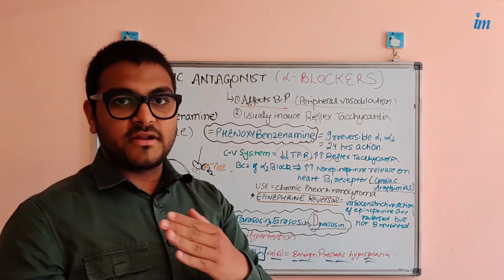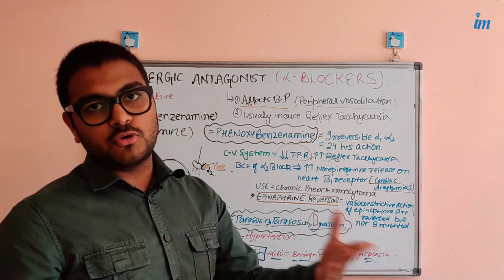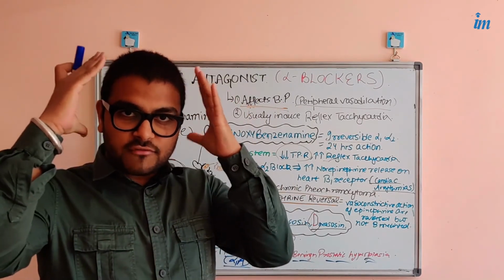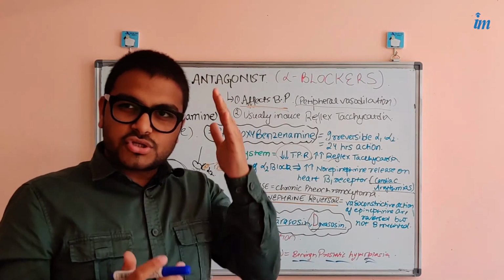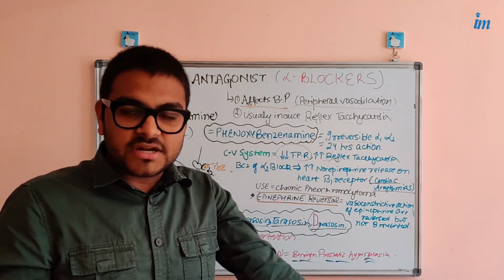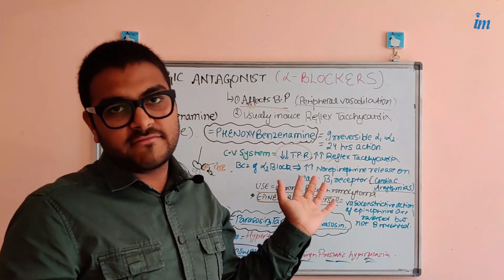So the peripheral blood pressure was already lower, and as you got up, gravity pulls your blood down, and there is a temporary loss of blood flow to your brain, and that causes fainting in the patient. That is called orthostatic hypotension. So that is one of the side effects of these alpha blockers.